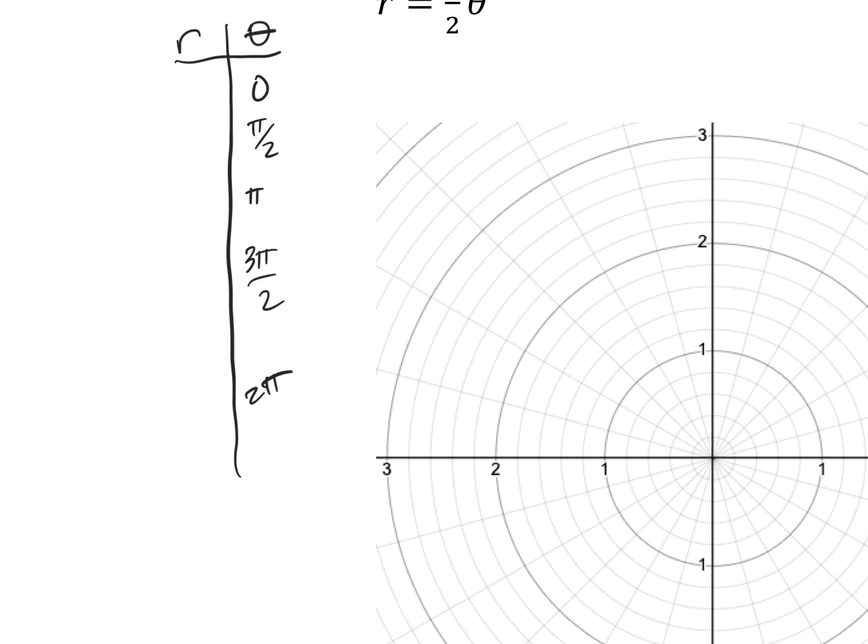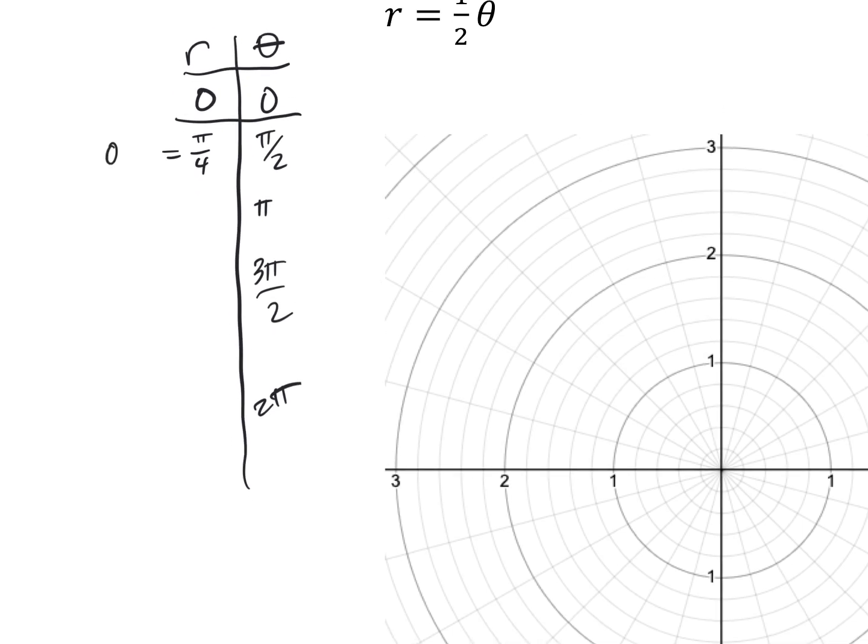But we are going to do decimal approximations for the radius to help us with the graphing, okay? So if r is equal to half of theta, what is r when theta equals 0? What's half of 0? 0. All right, my next point. What is half of pi over 2? Pi over 4, which is approximately 0.785.